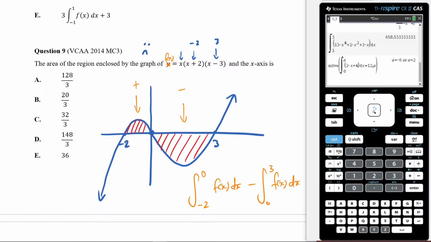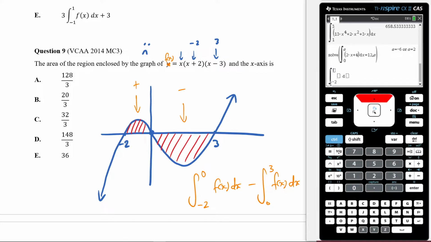So now I'm going to do that. Now, when you realize, let me just go for it. Shift plus. I'm going to go from -2, because that's my lower number, to 0. And then I'm going to go x times, open brackets, x plus 2, times by x minus 3, plus, shift plus.